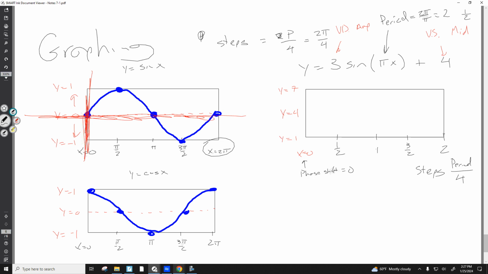Boom. Okay, now, what does my graph look like? Well, it's the same as what the sine x graph looks like. It looks like the same thing, Mr. Master, you're giving me the same graph. I'm not giving you the same graph, because the y-axis is still here, but the x-axis is down here.